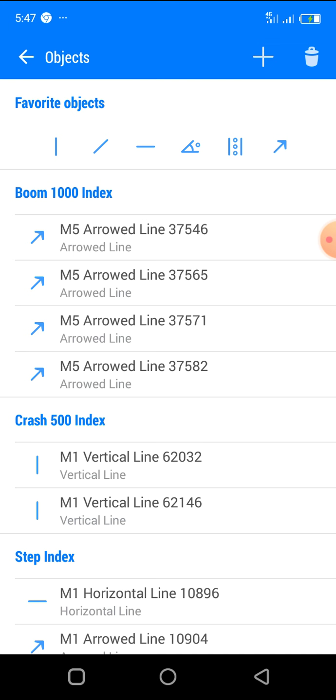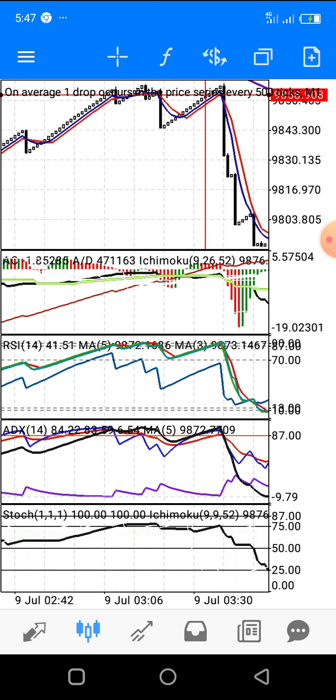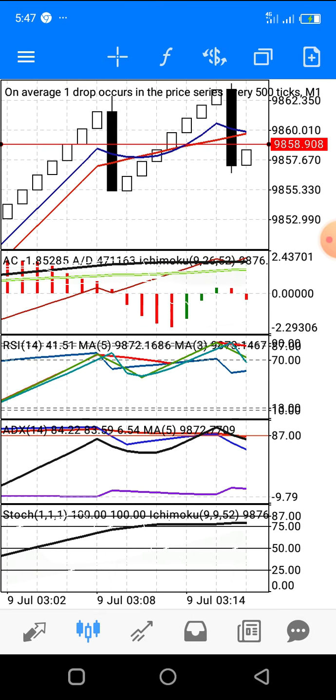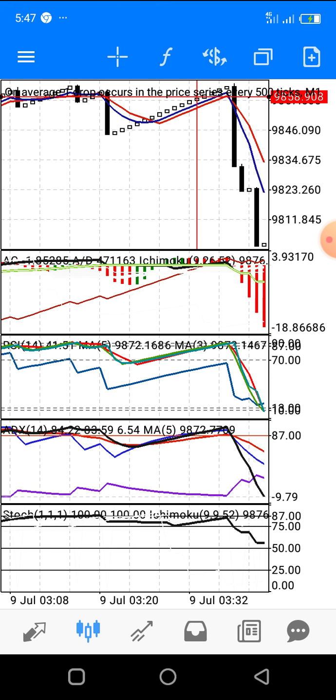Okay, this is it at this point. Let's see what happened at this point. Let's zoom in at the point where I drew that line.